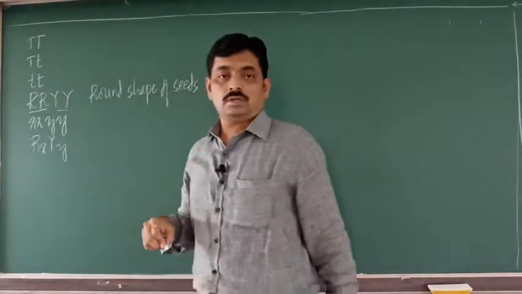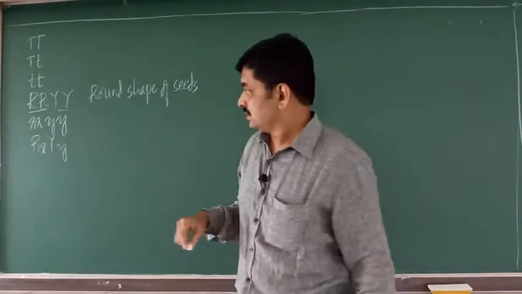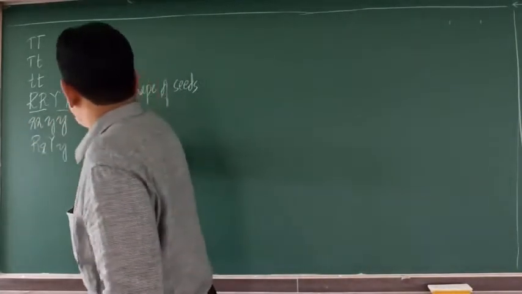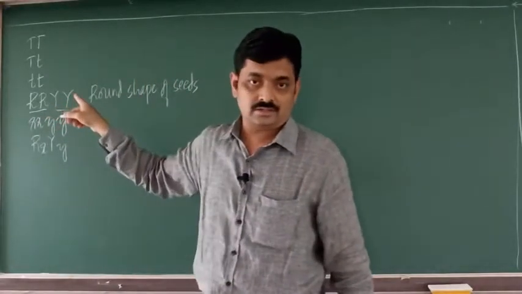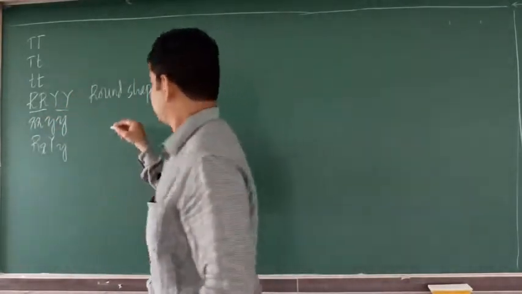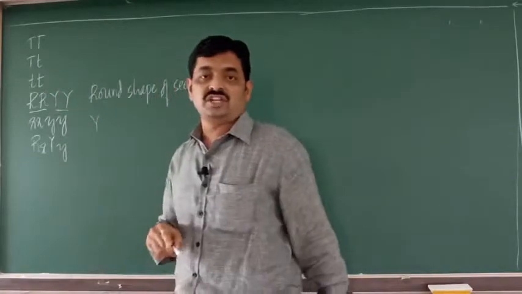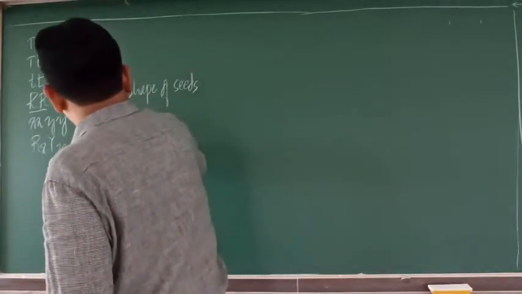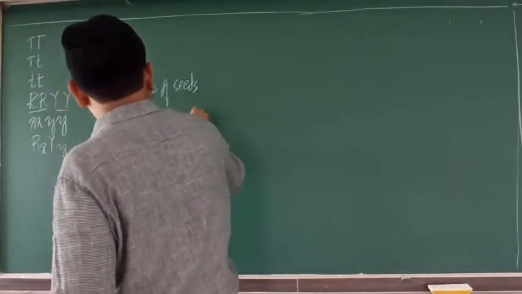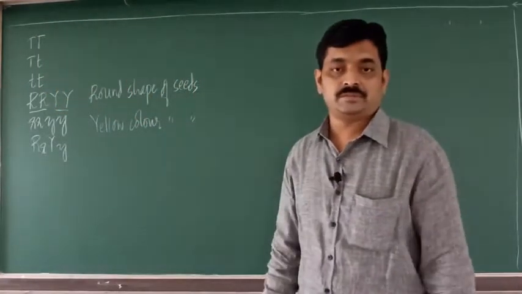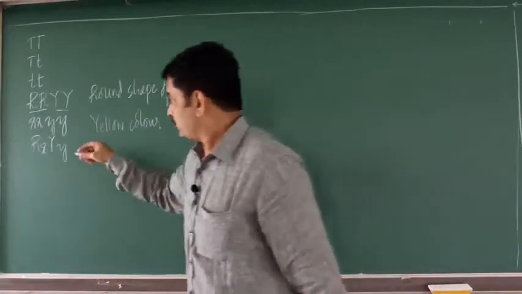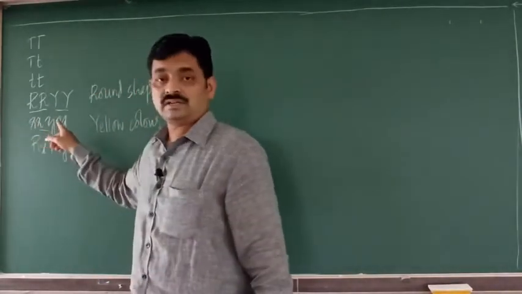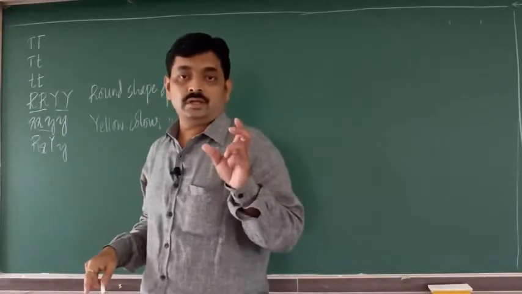Similarly, capital Y is the dominant gene that controls yellow color of seeds. Similarly, if you consider this other parent plant, small r and small y, that is the recessive parent plant.